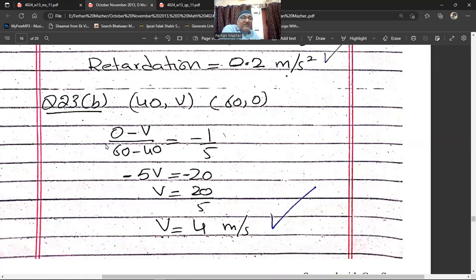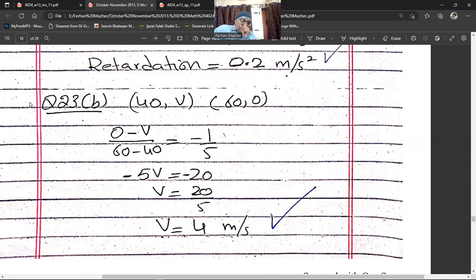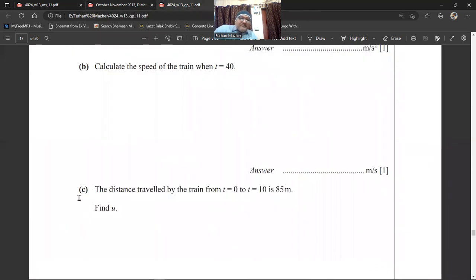So minus 5 V equals minus 20, and minus minus will be cancelled. So V will be equal to 20 by 5, and V will be equal to 4 meter per second. Answer is right.